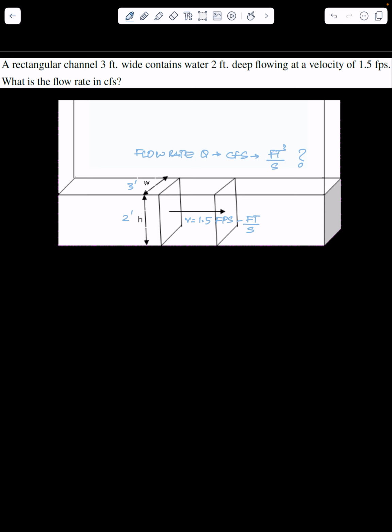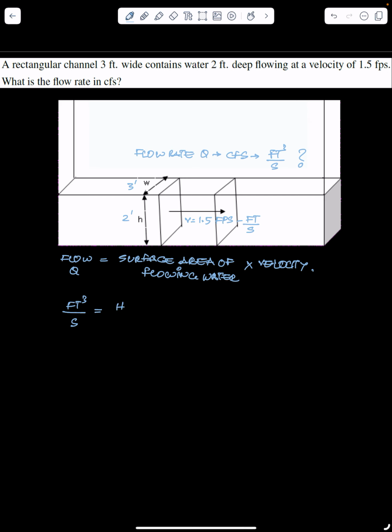So again, flow Q is equal to the surface area of flowing water times the velocity. And again, the flow is to be calculated in cubic feet per second, and the surface area of the flow in the channel is going to be the height times width.